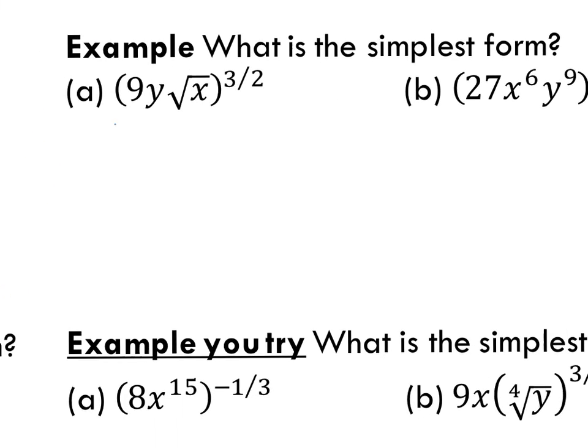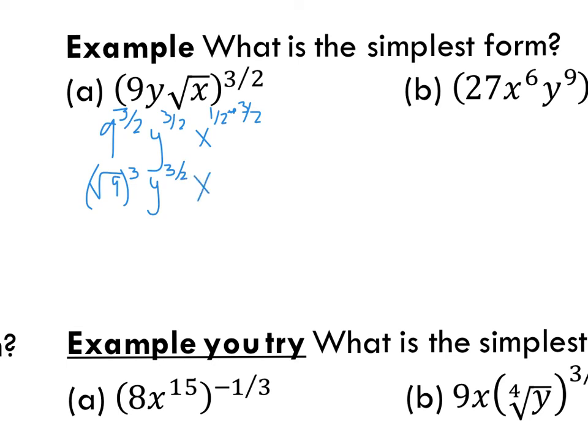Let's say we're going to do 9 to the 3/2, y to the 3/2, x to the 1/2 times 3/2. Okay, so 9 to the 3/2 is the square root of 9 cubed, y to the 3/2, x to the 3/4.